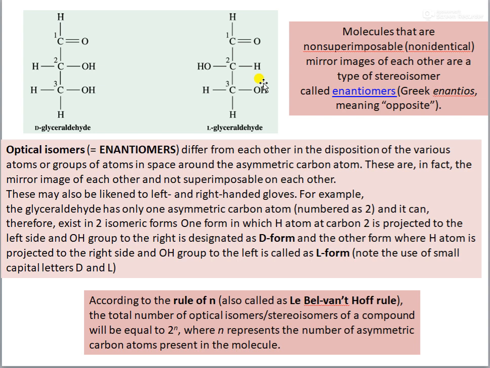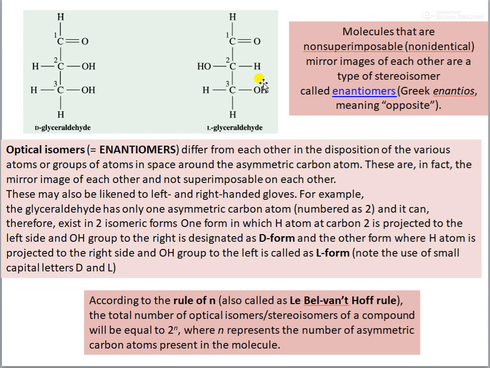So in such cases, molecules which are mirror images of each other, which differ in the atoms or groups only in the space around the asymmetric carbon atom, and which are non-superimposable, non-identical mirror images, are considered optical isomers or enantiomers.